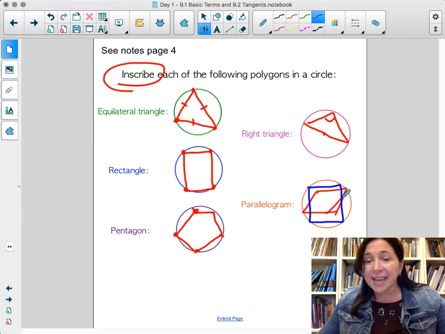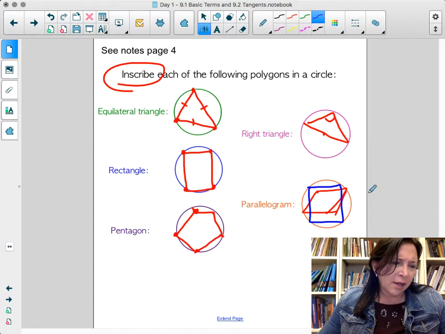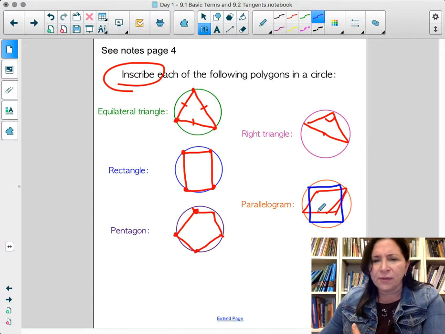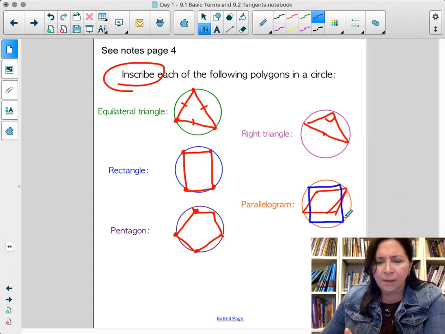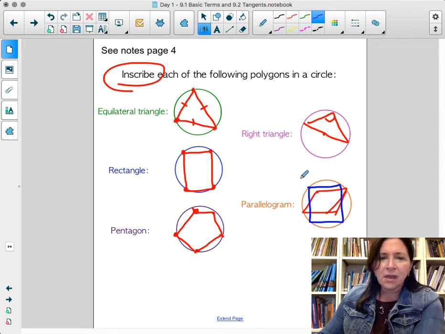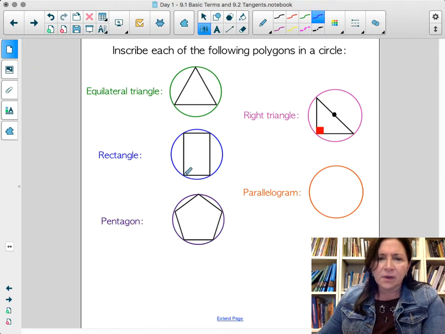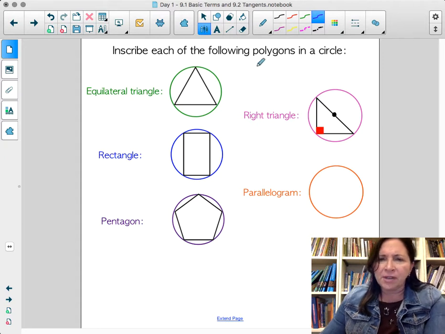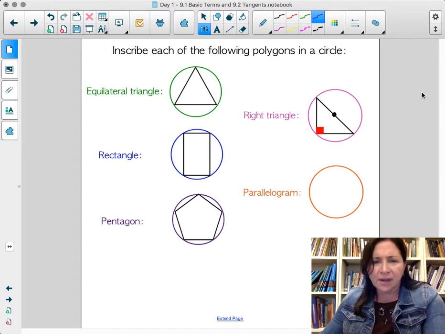So just any parallelogram is not. So if I were to say, can all parallelograms be inscribed in a circle? You would have to say no. So right here, we have no shape for a parallelogram, but all of these right here, inscribe each of the following polygons. That's done.